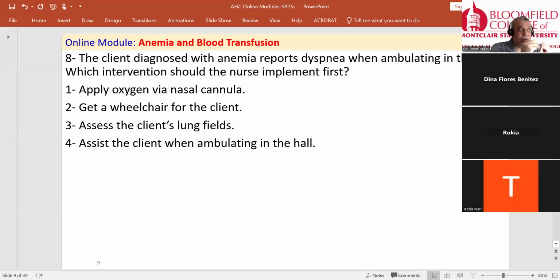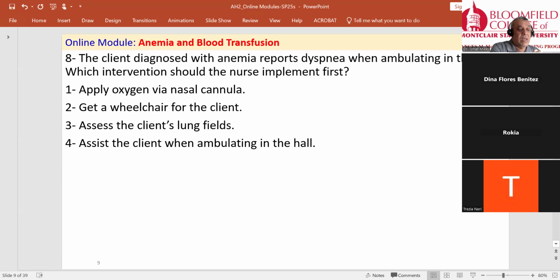So this patient is now experiencing dyspnea on exertion with activity, ambulation, or any type of activity or ADLs that results in dyspnea. This is very common for almost all patients with different types of anemia. Professor, that's also shortness of breath, right?